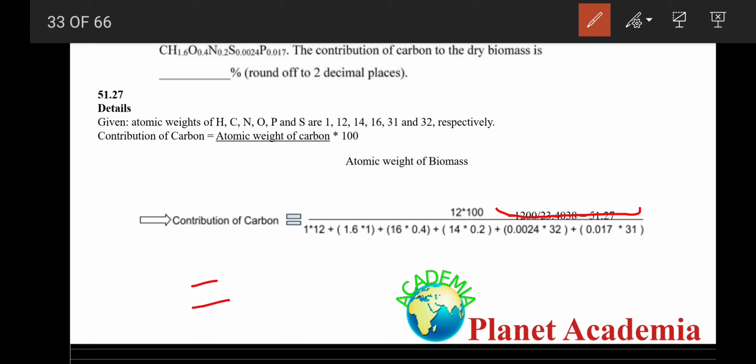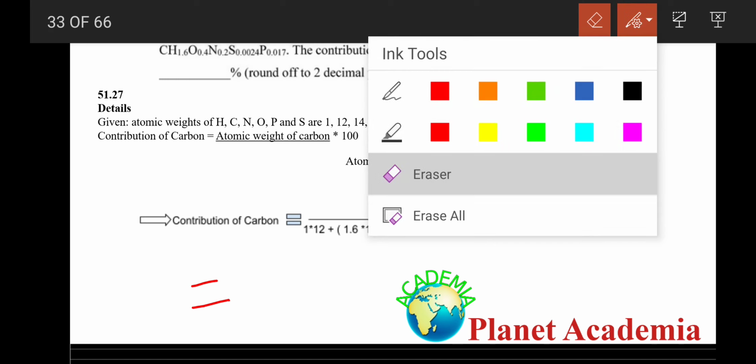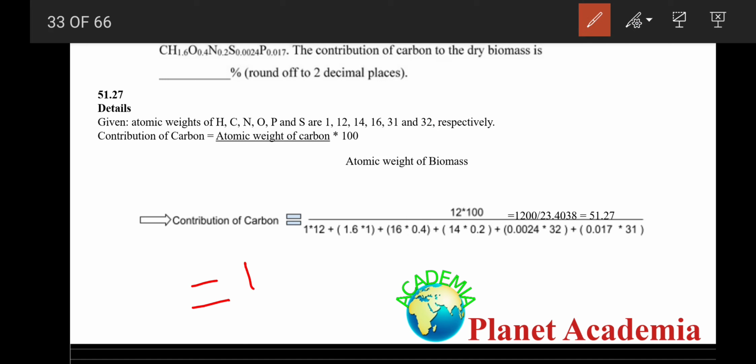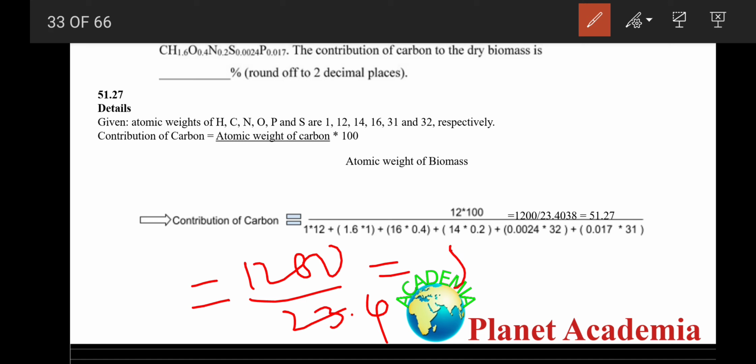Something was written, I need to check again. 1200 by 23.4 equals 51.27. Now this is the solution.